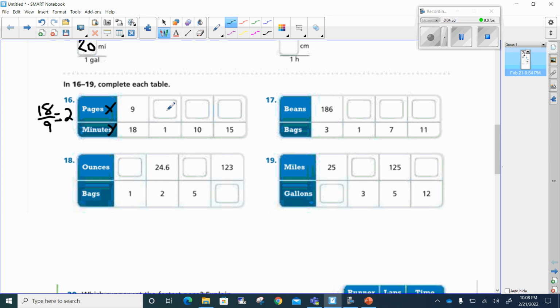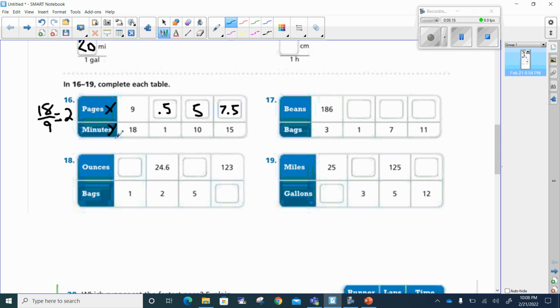What would I multiply it by? Well, you could also say you're dividing whatever's on the bottom by 2, right? So 1 divided by 2 is going to be 0.5. That's a half. 10 divided by 2 would be 5. And 15 divided by 2 would be 7.5.